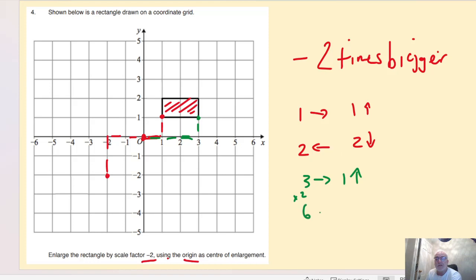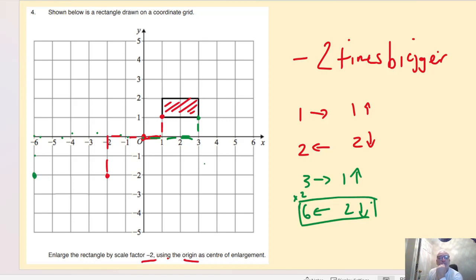That's going to give me 6, and go the opposite direction, and 2 opposite direction. And this is what I'm interested in plotting. So from the centre, I'm going to go 1, 2, 3, 4, 5, 6, and down 1, 2, that point there.